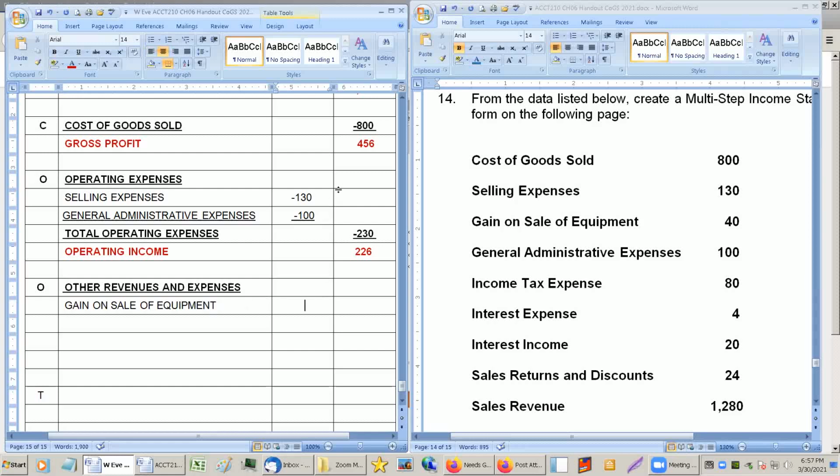That's a gain on sale of equipment, so that'll be a plus. I can bold that. 40.